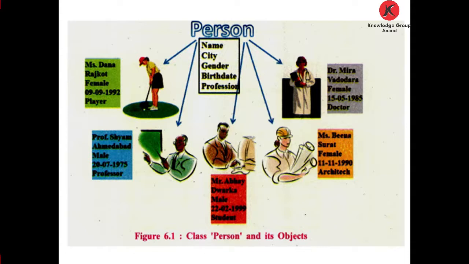You can see on the left side an object: the name, the city Rajkot, gender female, birth date 9/9/92, and profession player. So these are values. Values differ from one object to another object. See another object of the person class. You can see here a professor, a student, an architect, and a doctor.